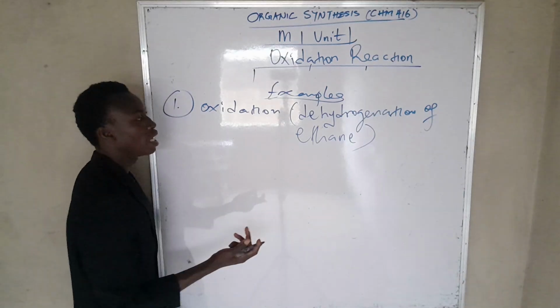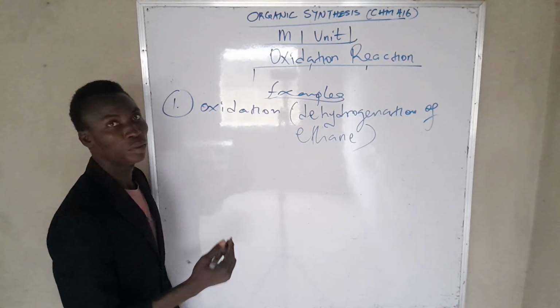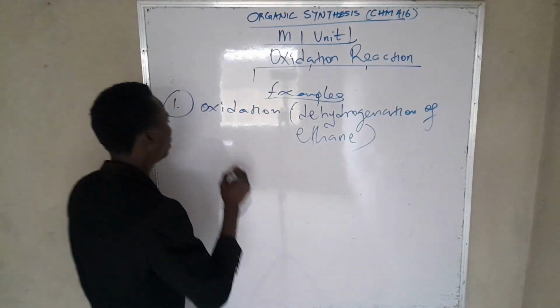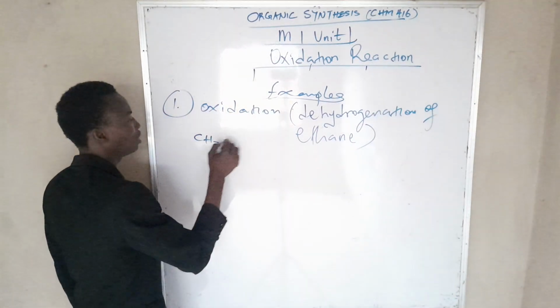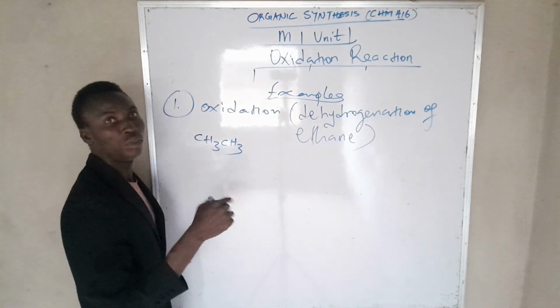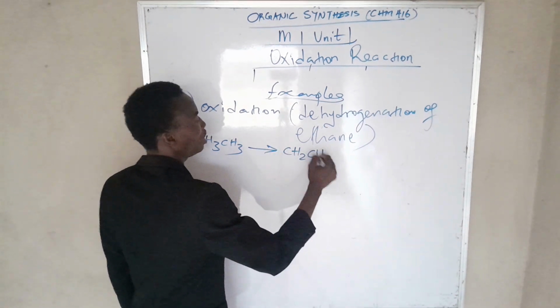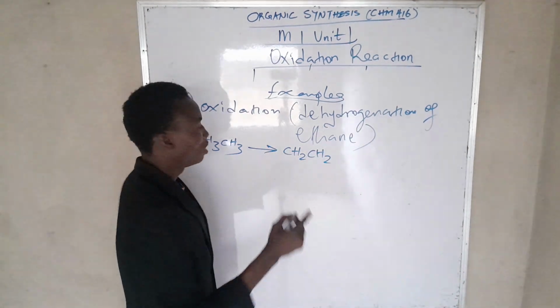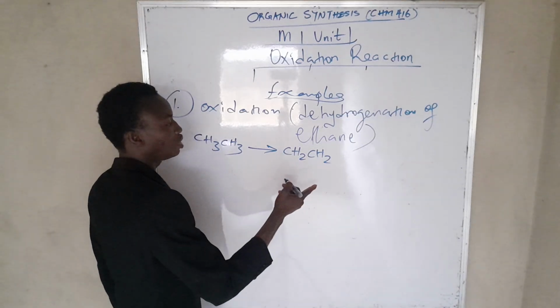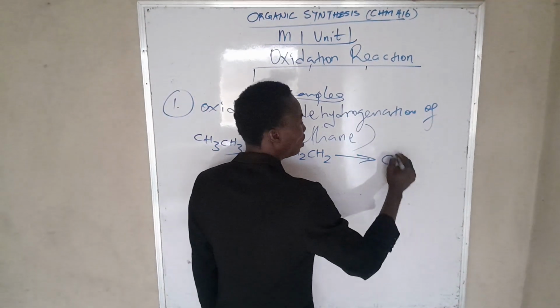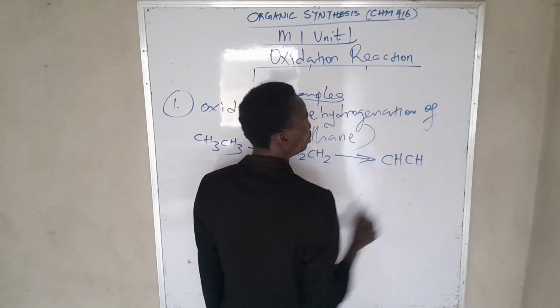When we remove hydrogen from it, what eventually happens? It changes to ethene. CH3, when we remove hydrogen from it, comes to CH2. Furthermore, when we remove hydrogen from it, it eventually gives us CH followed by CH.